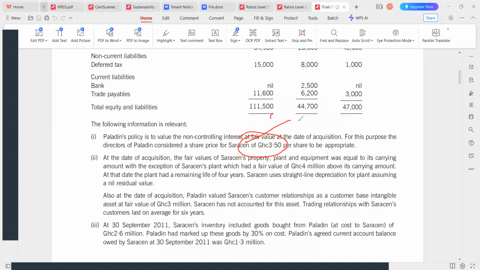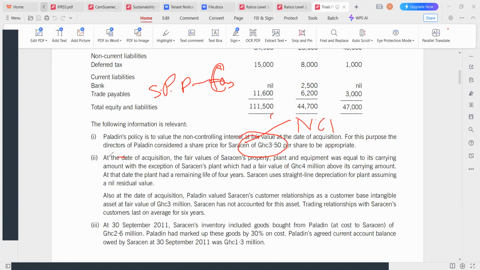If the share price of the parent is given, that means the share exchange in the question. That's all. So here is for NCI.